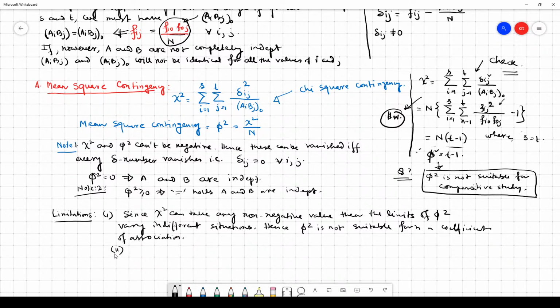And in a t cross t table, in case of complete association, so that fi naught equal to f naught j equal to fij for all i.